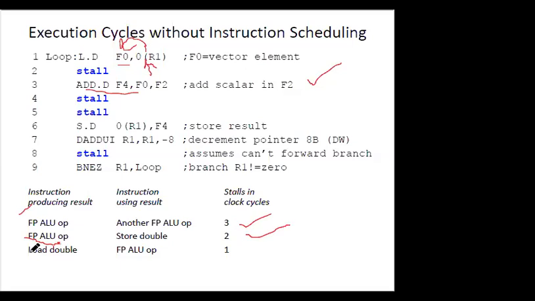And if we are storing just the load double, then we have only 1 clock cycle stall involved. So in this case, we are just loading data, and the stall involved will be a single clock cycle. Then we are performing an addition operation, so the number of stalls involved will be 2.